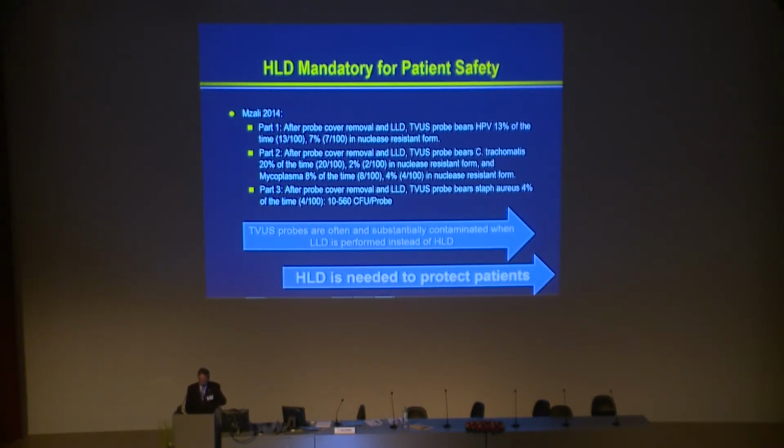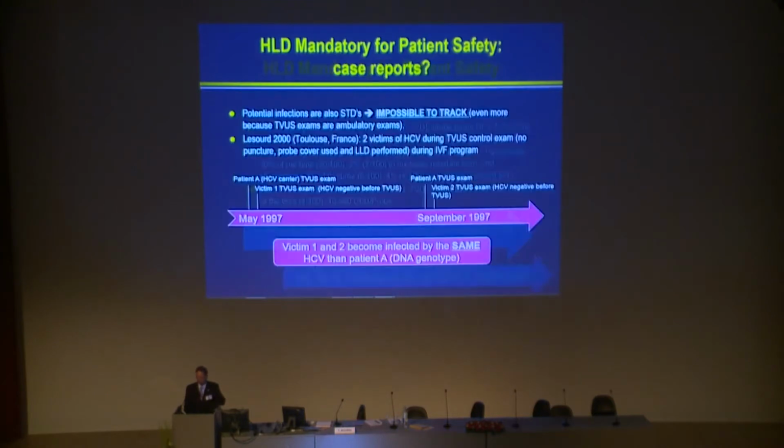They also found C. trichomatis 20% of the time, and Staph aureus 4% of the time. So it's not just viruses we're finding, but bacteria as well, in a substantial number of cases, despite the use of probe covers and low-level disinfection, which is why in the United States and many other countries, high-level disinfection is recommended.